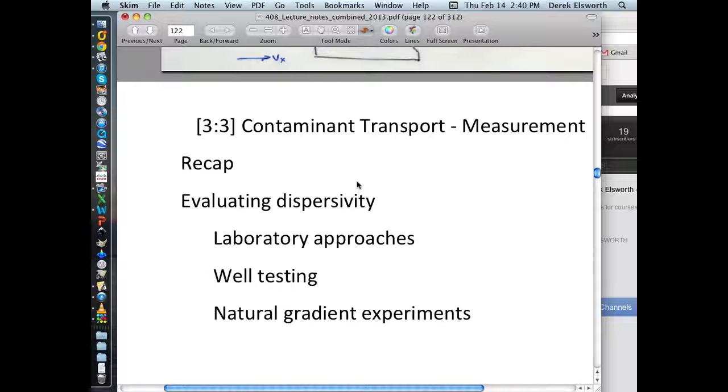But if flow velocities are large, then molecular diffusion gets completely swamped by mechanical mixing. And mechanical mixing just happens to look like a diffusive process, and that's why we lump those two terms together, because when we talk about dispersivity, right, we talked about longitudinal dispersion, and it's these two individual portions that we look at.